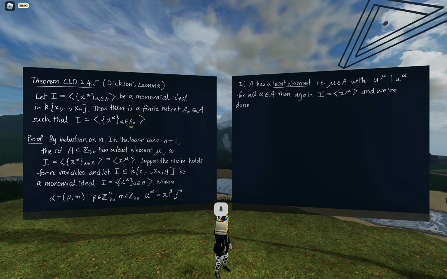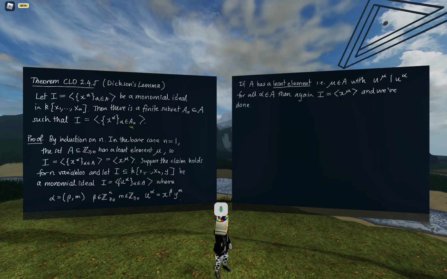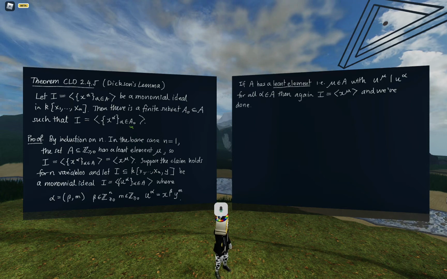The point is that, unlike the one variable case, there's no reason for A to contain a least element. And the reason is the one that came up earlier. This least is with respect to division, and this relation between tuples or monomials is not a total order.